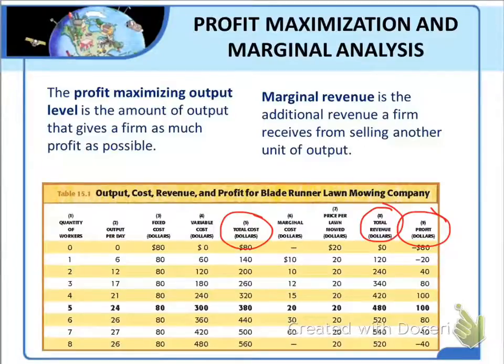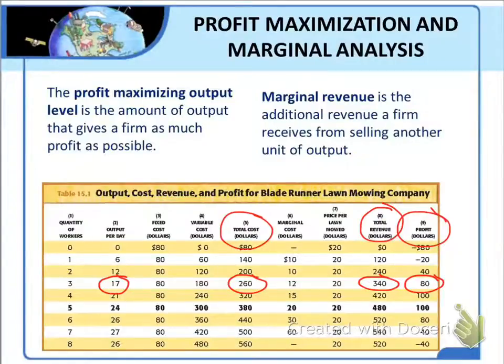So for example, when Blade Runner mows 17 lawns, as we saw right here, its total revenue is $340, while its total cost is $260. Thus, 340 minus 260 equals 80, so Blade Runner earns a profit of $80.